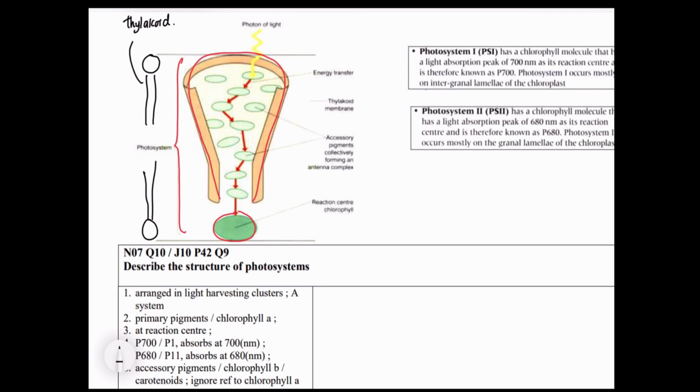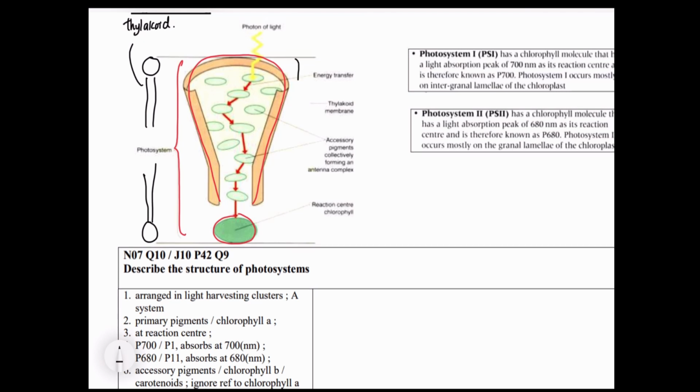So how would you describe the photosystem? A photosystem is a collection of pigments made up of accessory pigments, which form an antenna complex, and these pigments surround the reaction center that is made up of chlorophyll A only.